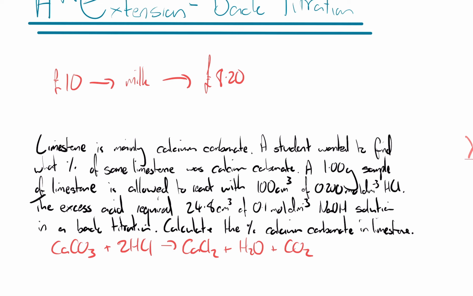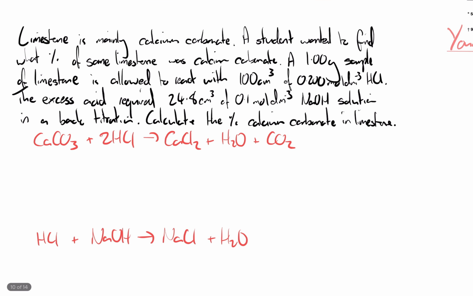Best way to highlight this is to go through an example. So that's what we'll do. Limestone, mainly calcium carbonate. Now, this is often going to be done with carbonates because carbonates are quite difficult to neutralize with an acid. So here we've got a neutralization, but we're going to be reacting this acid with it over a long period of time.